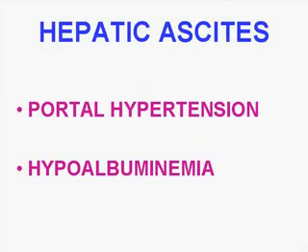In the edema of liver failure or hepatic ascites, you can remember that because the liver is really nothing more, when you think about it, than a filter system between portal blood and caval blood. If that filter gets clogged by virtue of fibrosis, we now have portal hypertension, or increased hydrostatic pressure in the portal system, and therefore edema in all of the organs which the portal system drains.